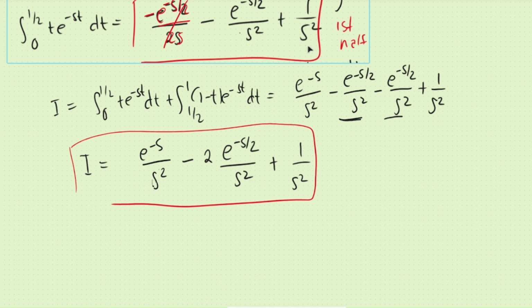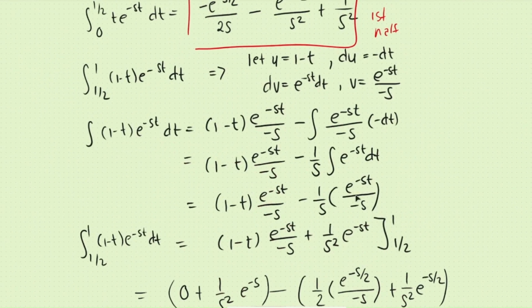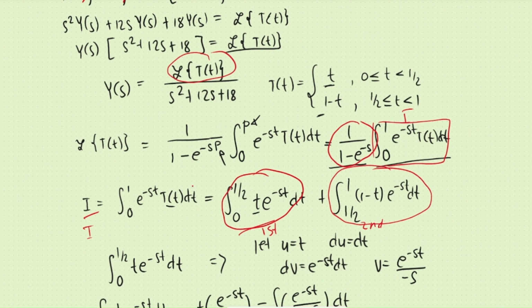But take note that we wanted I to get our Laplace of t. The Laplace of t is just the product of 1 over 1 minus e^(-s) times our I. And if we have our Laplace, we can plug it in to get our Y of s.